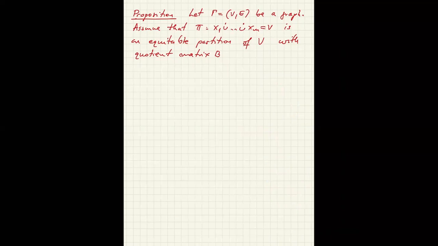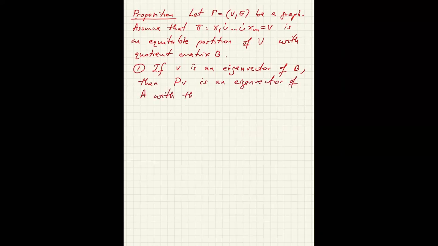So to do that, let's prove two things. One is that if V is an eigenvector of B, then PV is an eigenvector of A with the same eigenvalue.